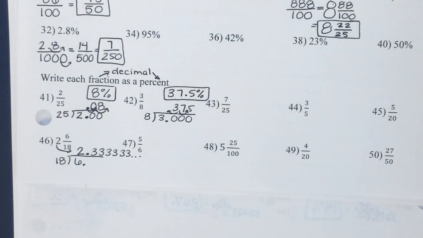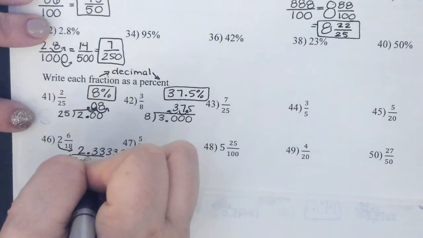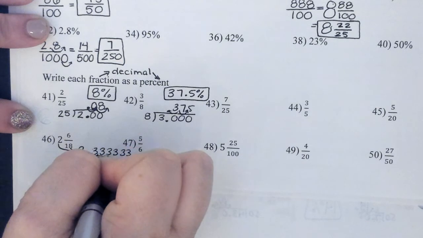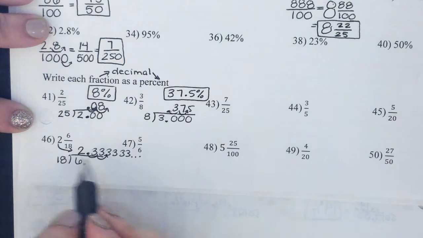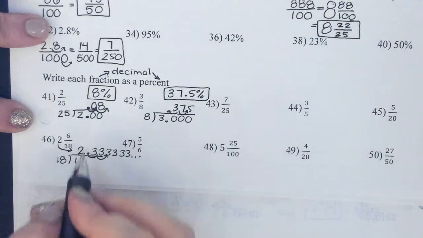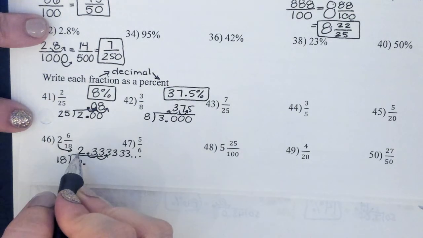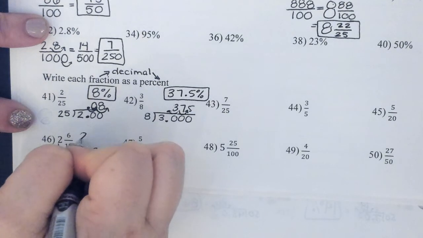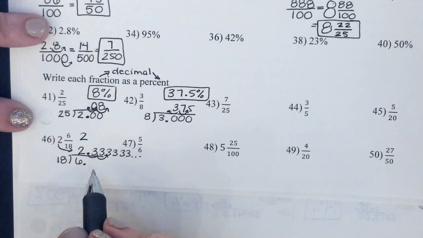So when I make it a percent, what am I going to do, Kelsey? Move it over. How many places? 1, 2. Perfect. So what number does that give me in front? Jakaria? 2.33, and then you get another 3, and then I have a line.